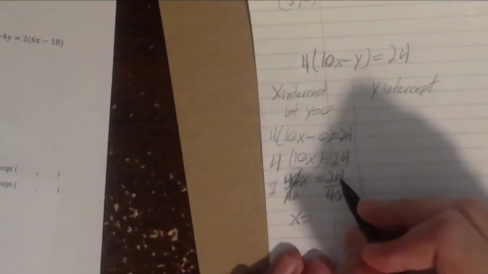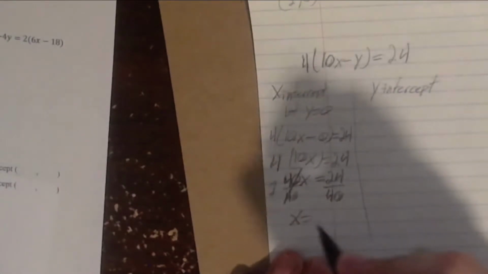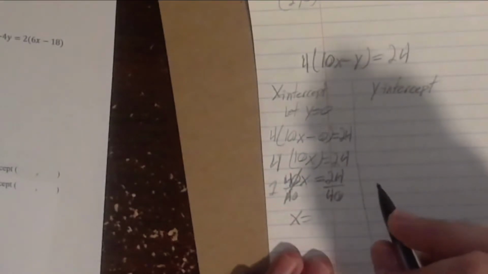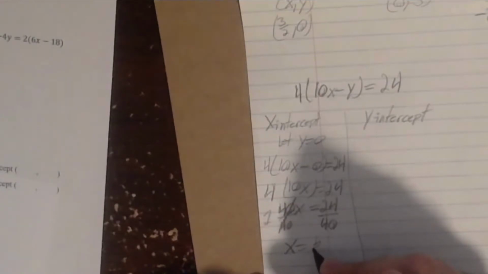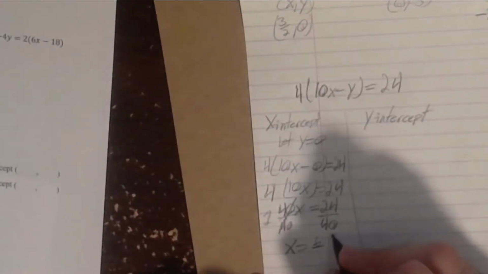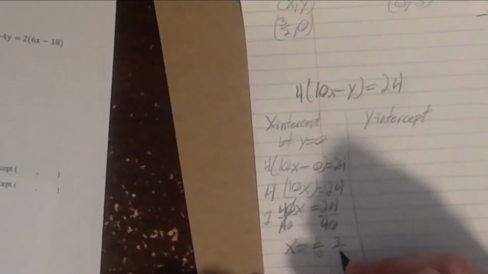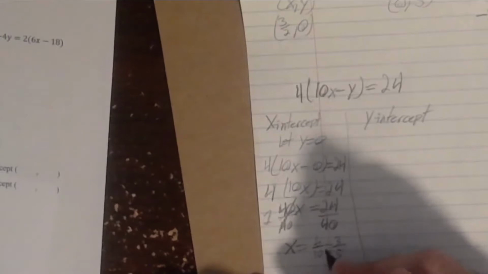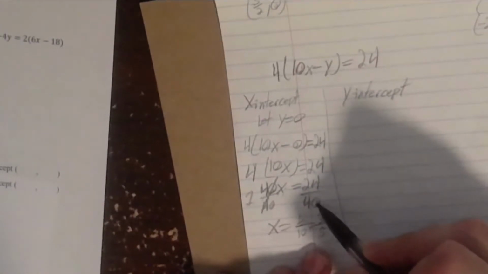Now, what is 24 divided by 40? It's going to be 3/5. I just did it in my head.